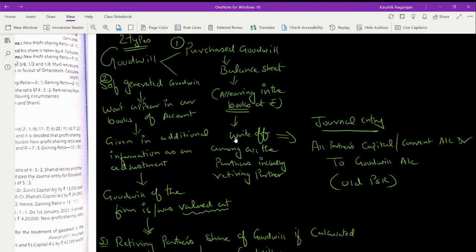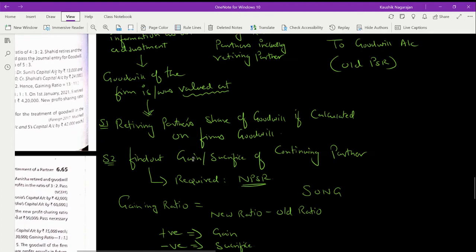And to find out the retiring partner's share of goodwill, we need to follow some step-by-step procedure. The procedure is as follows. First, we need to compute the retiring partner's share of goodwill and then find out the gain or sacrifice among the continuing partners. For finding out the gain or sacrifice, NPSR is very important. If the question doesn't contain NPSR, then check whether it's a simple case or a normal case, and based on that, find out the NPSR.